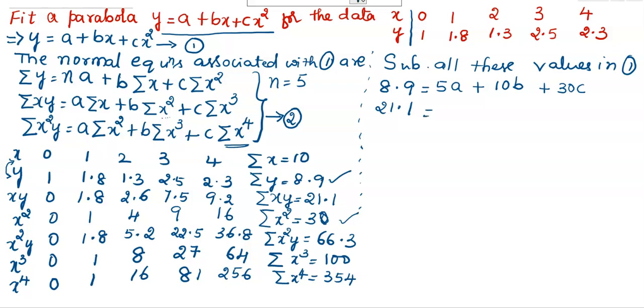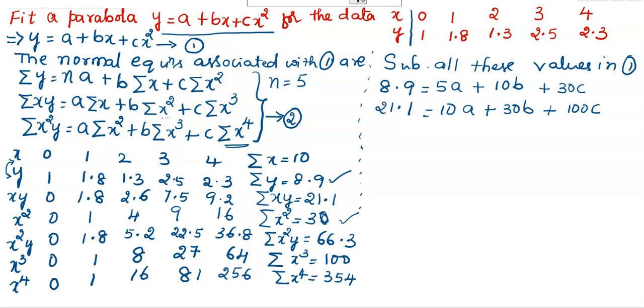That's equal to, what is the summation x? Summation x is 10 into what we have here, a. Plus summation x square. What is the sum of x square? 30. So 30 into b, right? Plus, what is the summation x cube? It is 100. 100 into c. So now, what is the summation of x square y?